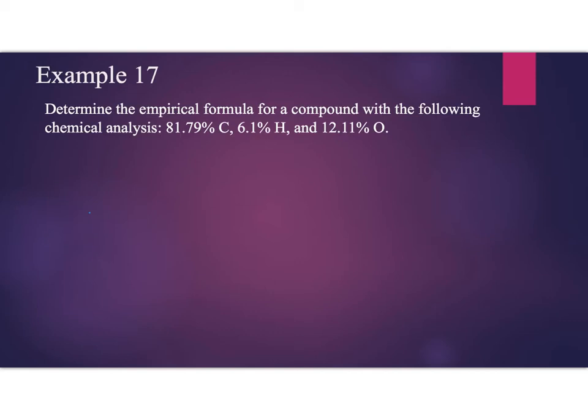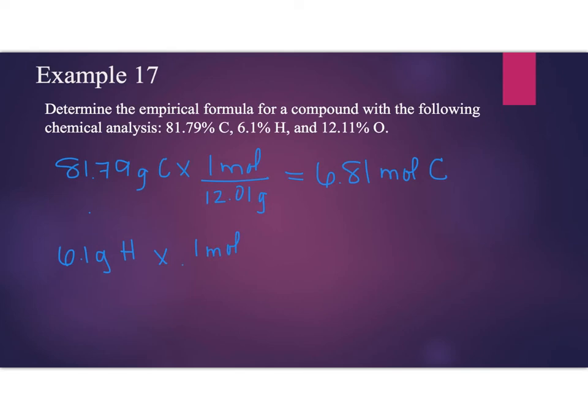So that tells me that I have 81.79 grams of carbon. We're going to multiply this by 1 mole for every 12.01 grams of carbon, and this gives me 6.81 moles of carbon. Then I'm going to do the same thing for hydrogen, so 6.1% is 6.1 grams of hydrogen, and we'll multiply this by 1 mole for every 1.008 grams.